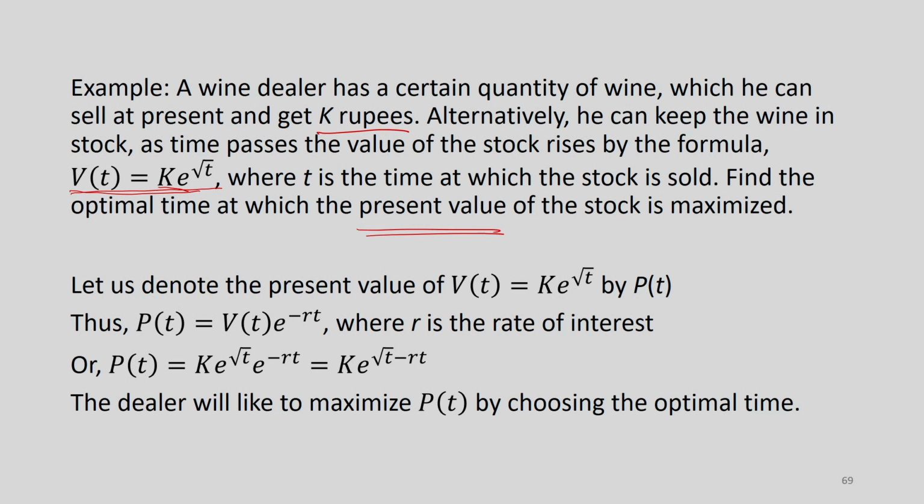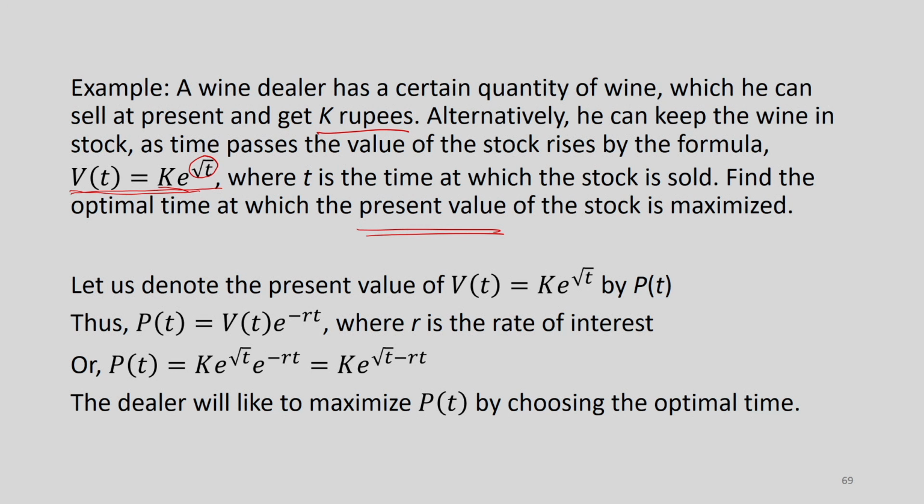So, after one period, the value of the wine has gone up by a factor of more than 2, and like that it will go on rising, right. As t rises, e to the power root over t will go on rising. Okay. So, that is the idea.